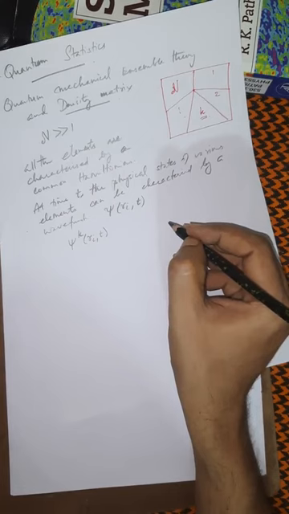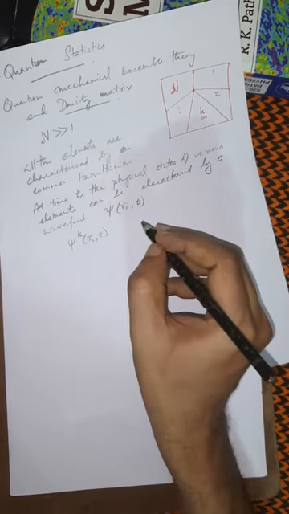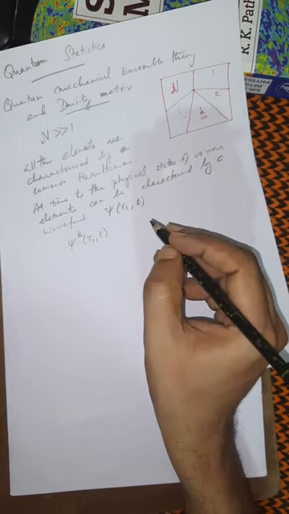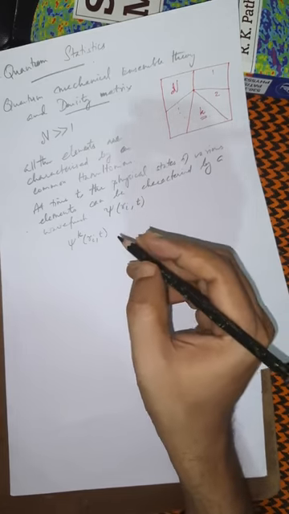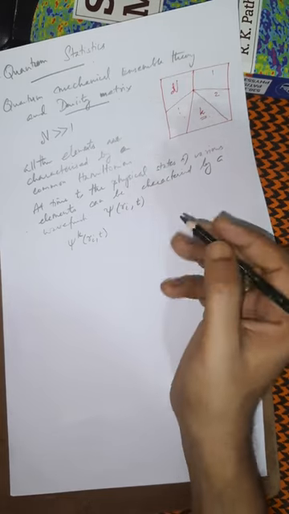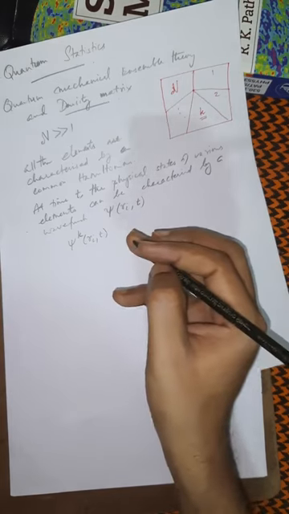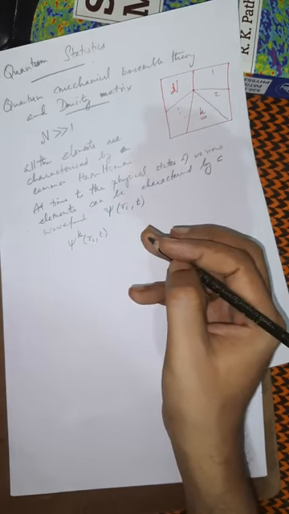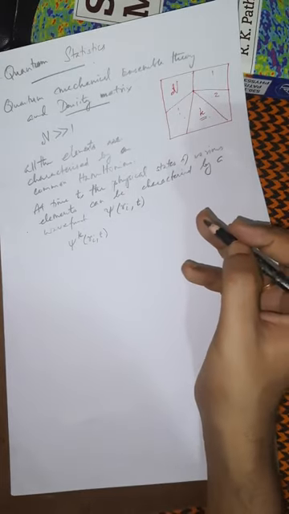So basically psi_k of r_i, t denotes the wave function of the system representing the kth element or subsystem of the ensemble at time t, right? So that is psi_k(r_i, t).